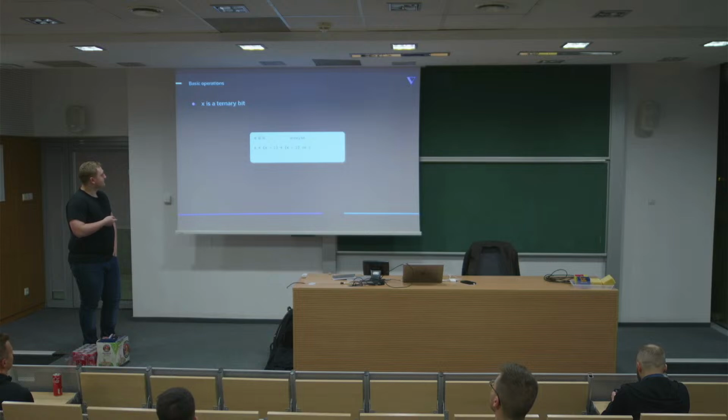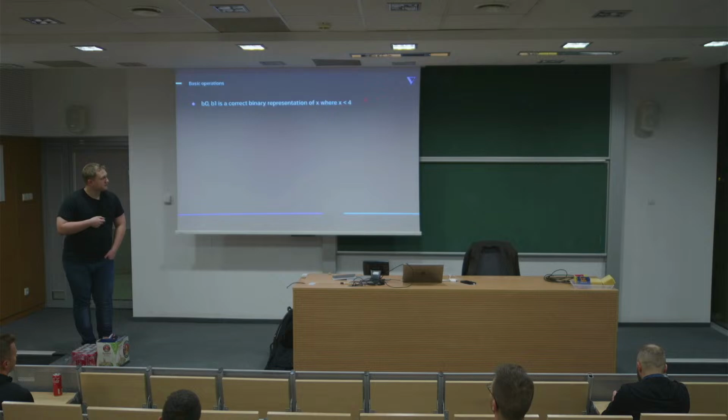So this is this polynomial. And now we can check that B0, B1 is a correct binary representation of x, where x is less than 4. We will do that by first calling the unconstrained code to get B0 and B1.